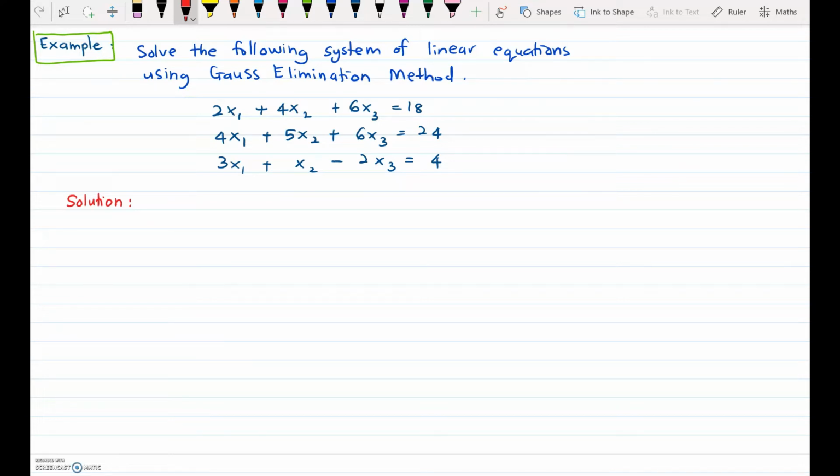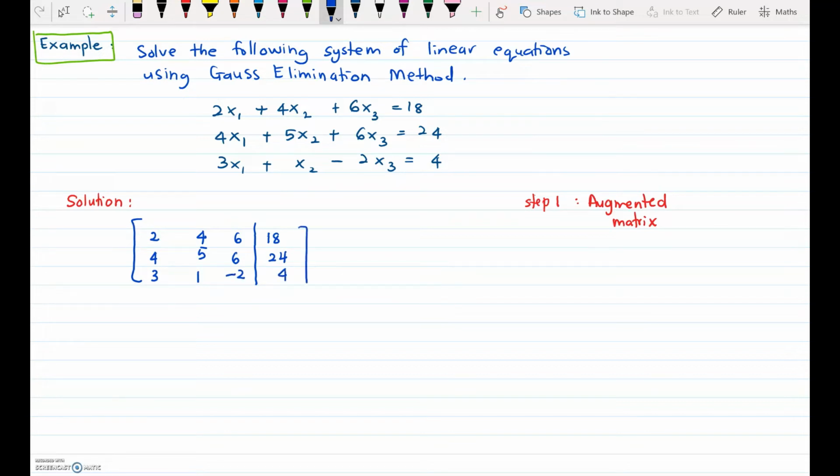Firstly, we write it in the form of an augmented matrix. Step 1 is the augmented matrix. It will be 2, 4, 6, and don't forget your constant, 18; 4, 5, 6, and 24; and 3, 1, negative 2, and 4.